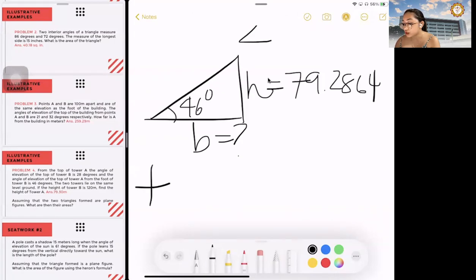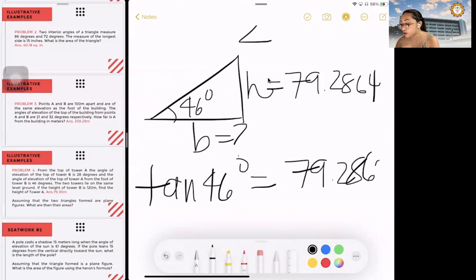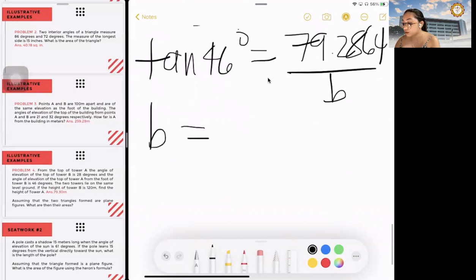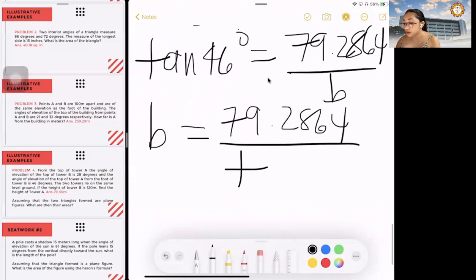Therefore, we can compute using opposite over adjacent still. So tangent of 46 degrees is equal to opposite over adjacent, which is b. So b is equal to 79.2864 over tangent of 46.